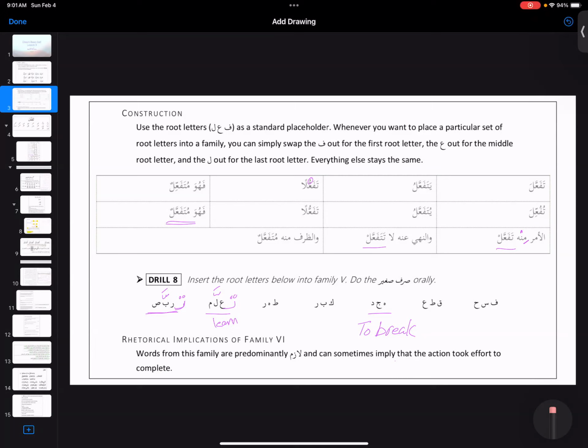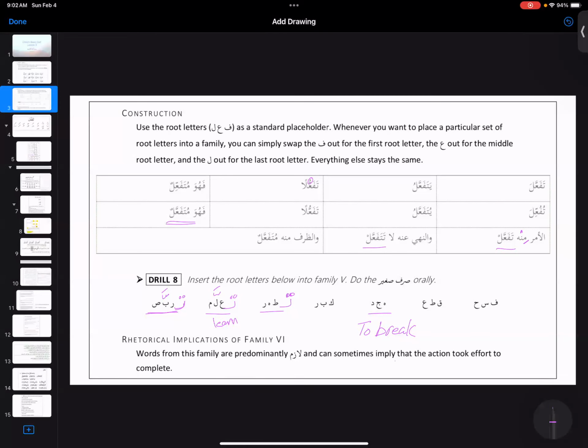So it's like when we say tatahhara, we are putting effort to cleanse ourselves, and we know the cleansing of the heart is so hard. It's a conscious effort.